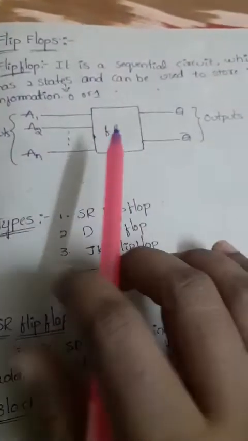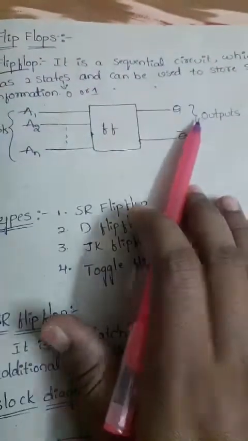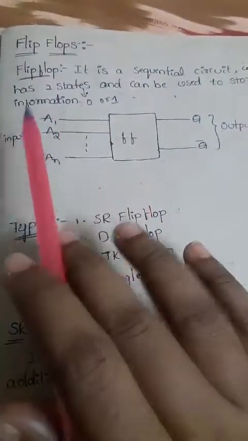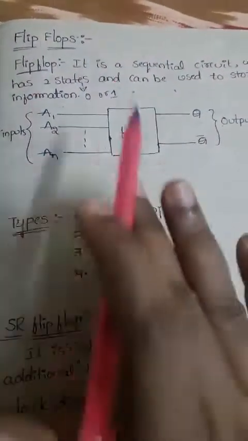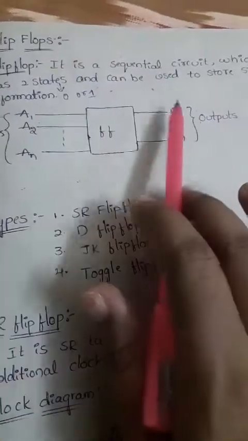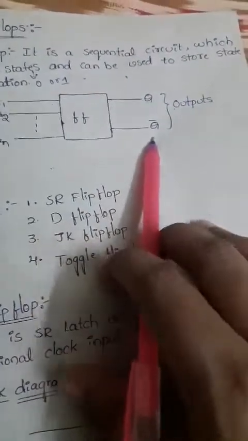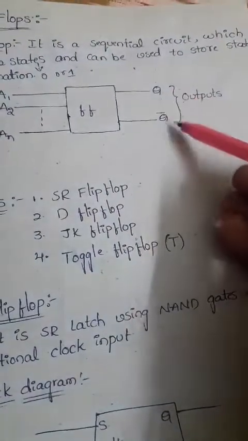This is the block diagram of a flip-flop. The flip-flop consists of inputs and outputs. We consider n number of inputs, and the flip-flop's outputs we consider as only two: one is Q and the other is Q complement.